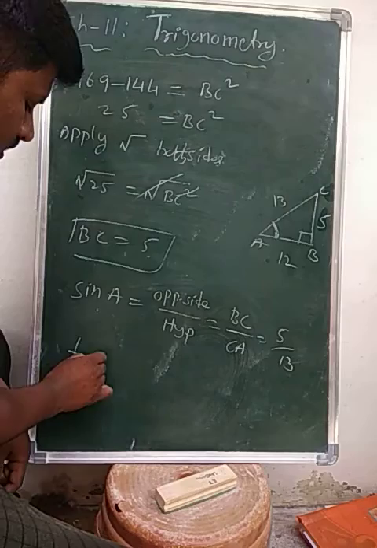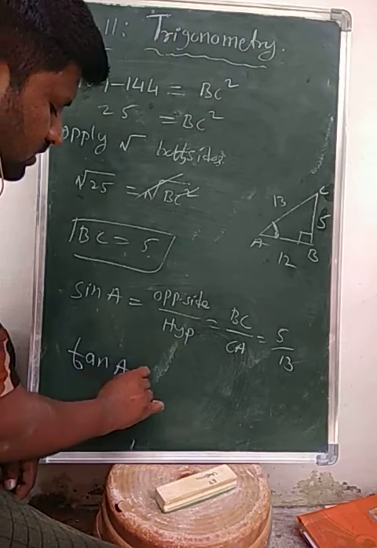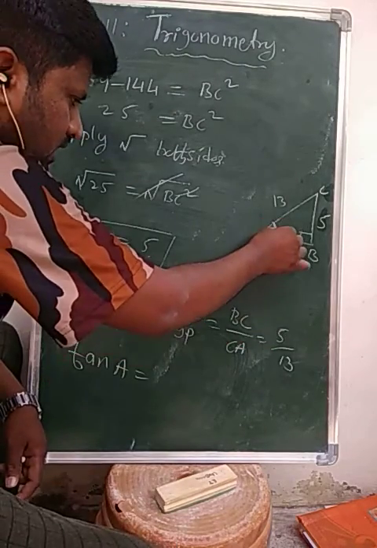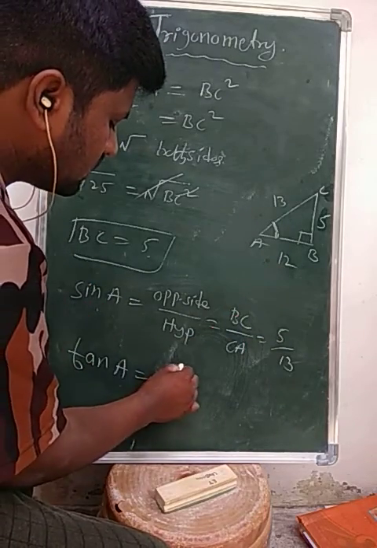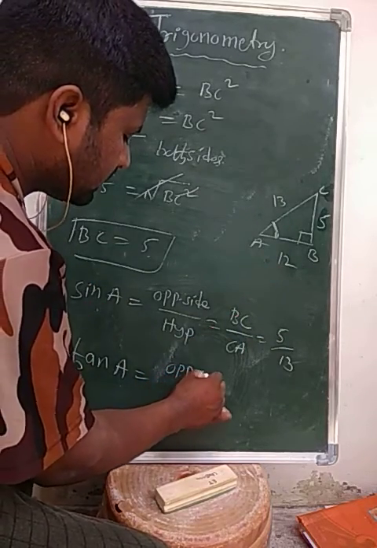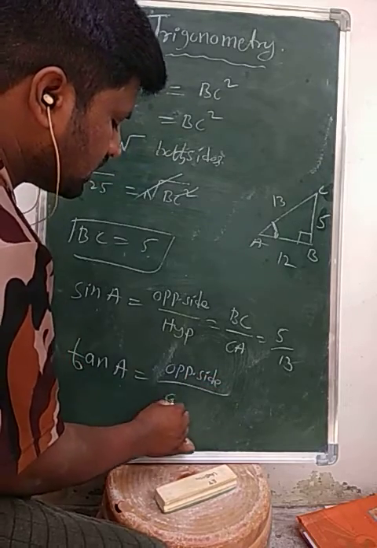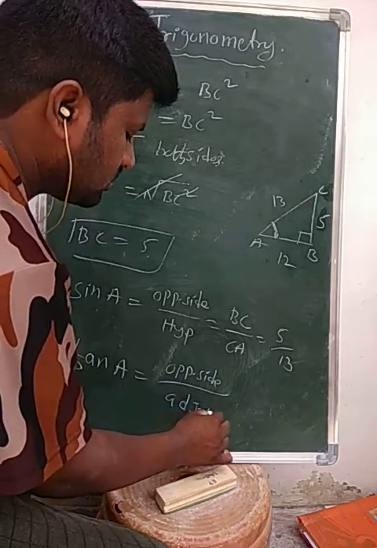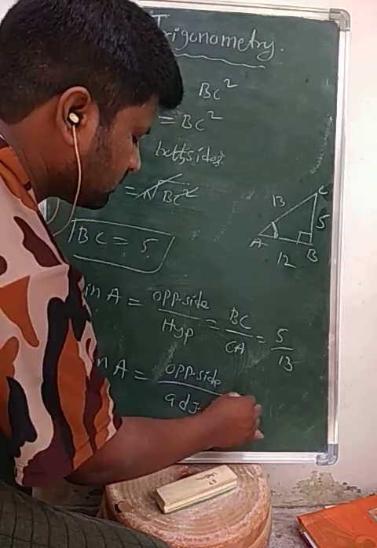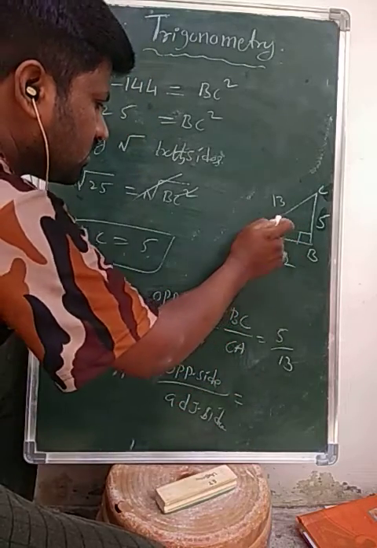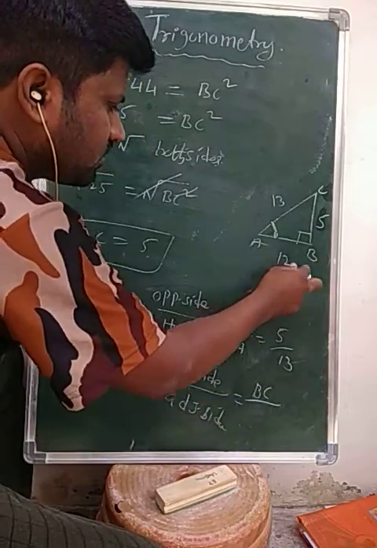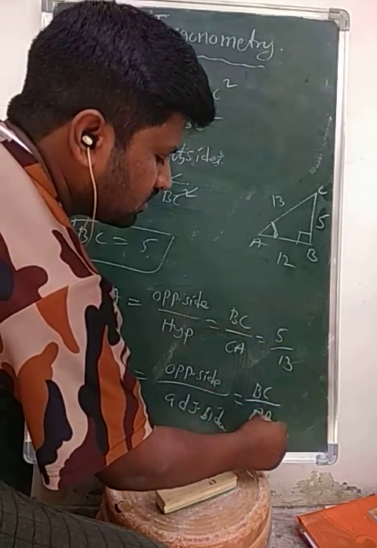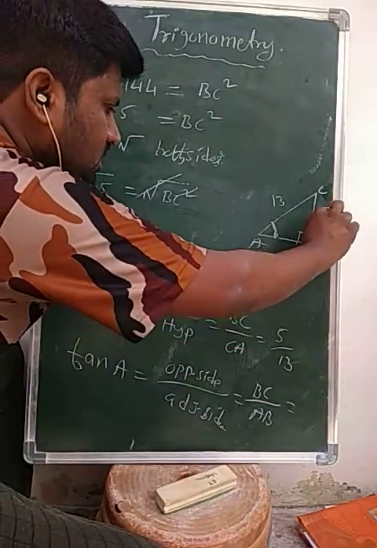And now the tan ratio, tan A: with respect to angle A, it is the length of the opposite side by the length of the adjacent side of angle A. The opposite side of angle A is BC, by the adjacent side AB.